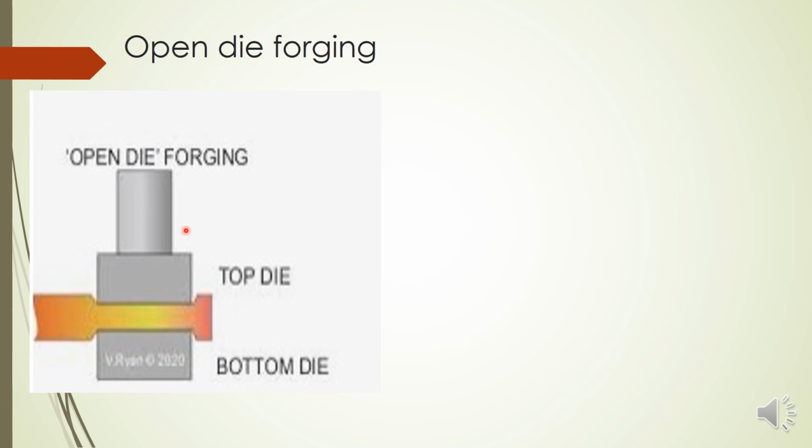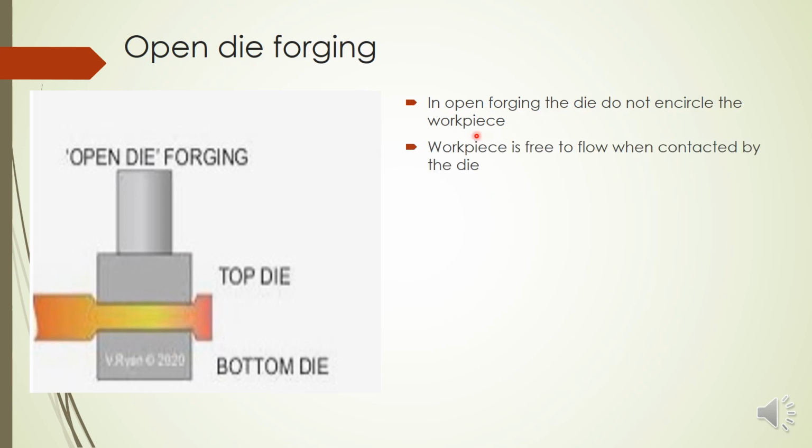And this can be also done with the help of a hammer. So in open forging, the die does not encircle the workpiece. In closed forging, you can see it encircles the workpiece, but here it is not encircling the workpiece. And the workpiece is free to flow when contacted by the die.